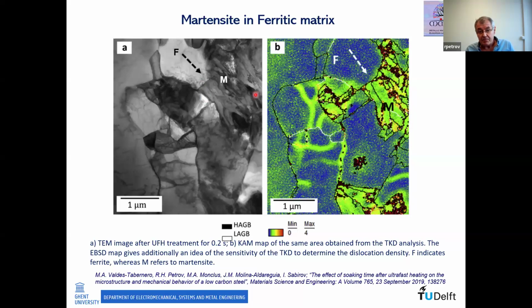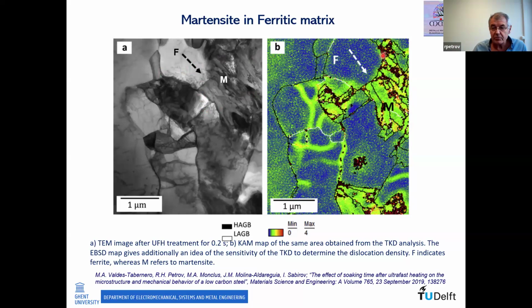Here it is practically exactly the same zone. Here you can see ferrite, martensite, and you see the kernel map here, the local misorientation scale. Obviously, this combination of martensite and ferrite gives this strengthening effect of your ferrite. And then, if we make a short summary now, what do we have? We have a heterogeneous microstructure, heterogeneous with respect to the chemical composition. A microstructure in which you have additional strengthening of the hard phase.